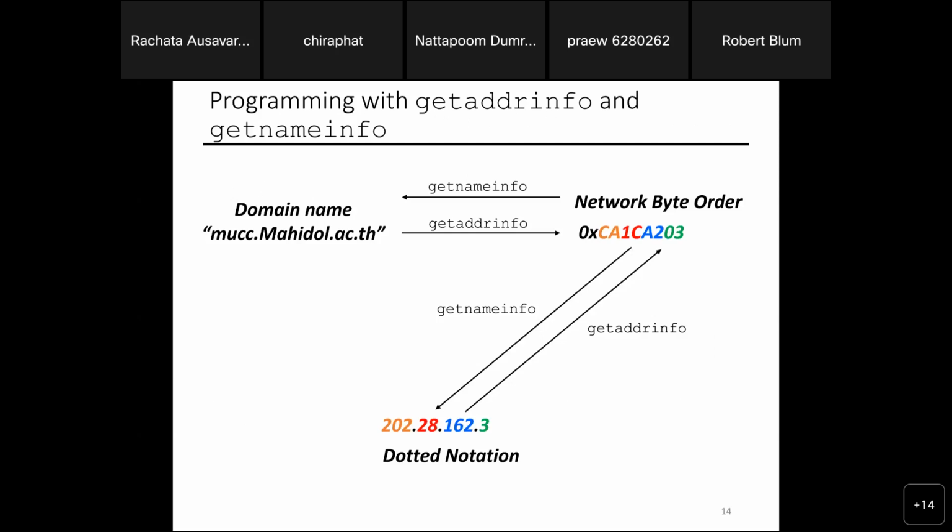With the network byte order, you can call getnameinfo to get the domain name. If you call getaddrinfo on that, you get the IP address in dot notation. From the dot notation, you get the name. You first get the 32 bits first. So if you have the dotted notation, you have to do getnameinfo twice to get the domain name. All right. Any questions?